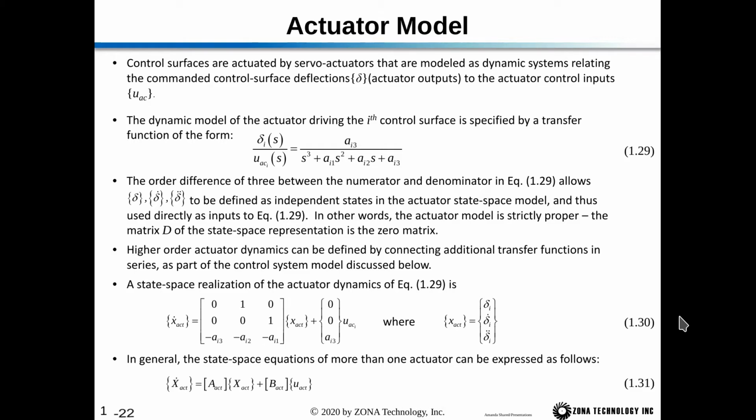So this state space realization is what is used in ZAERO. And in general, the state space equations of more than one actuator can be expressed in equation 1.31, where we just build up the multiple actuators into one big actuator state space form there, x dot equals ax plus bu.